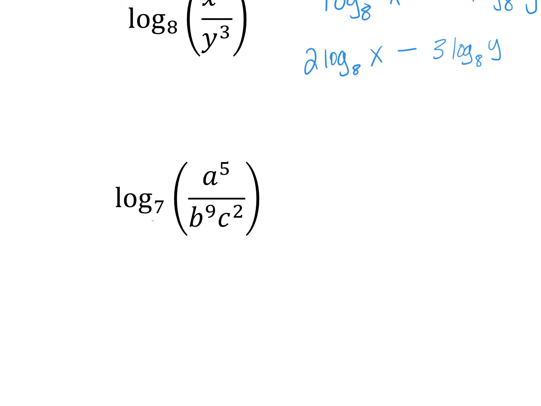Okay. What about this one? What do you guys think? Go ahead. Log 7 of A to the 5th minus log 7 of B to the 9th multiplied by C squared. So, okay, sure. It might look like that then. So instead, I might just think of this as minus log base 7 of c squared as well. Think of it that way.